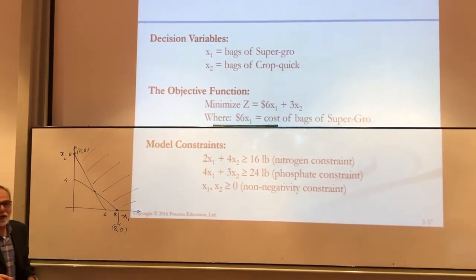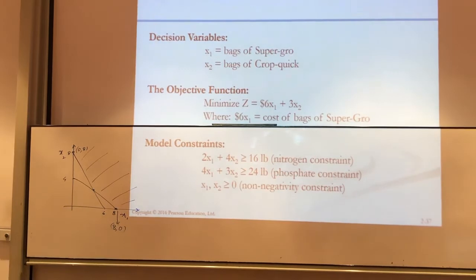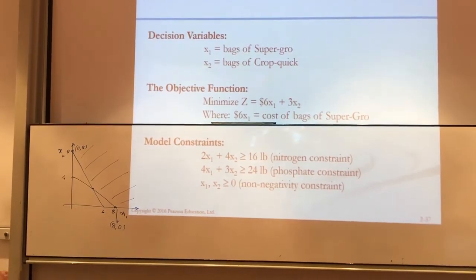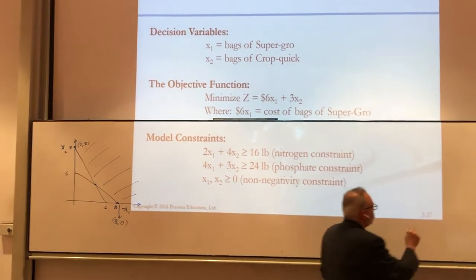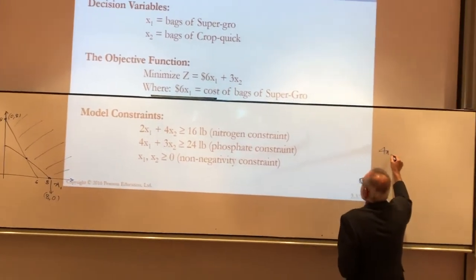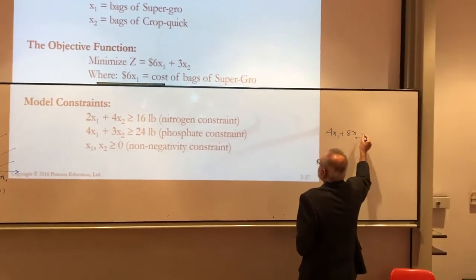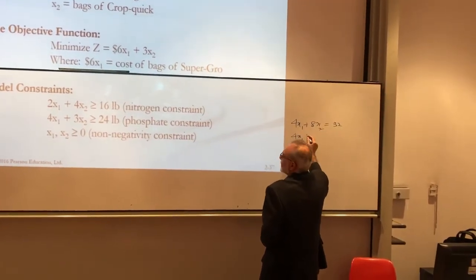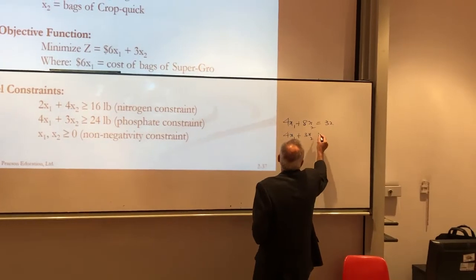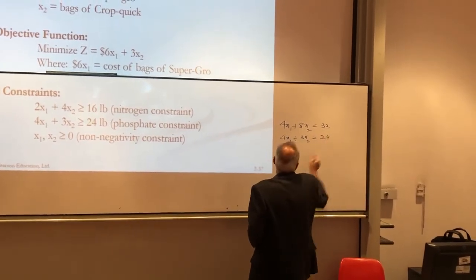And for this one you have to work it out. Just multiply with 2 here. This will become 4x1 plus 8x2 equal to 32. And 4x1 plus 3x2 is equal to 24.